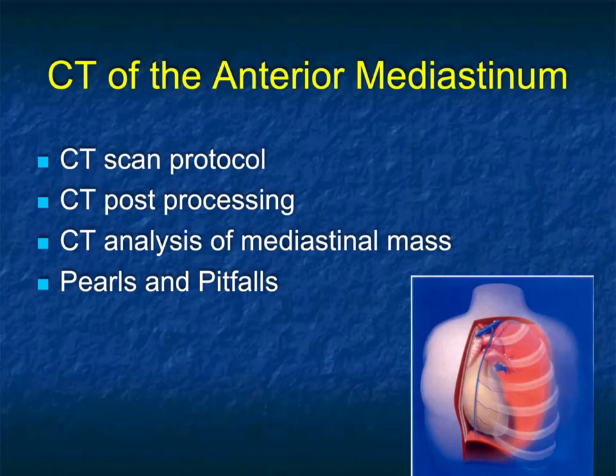Now, in terms of protocols, we'll just make the point that the best way to look at the mediastinum is with IV contrast material. Typically an injection rate of 3 to 4 cc's a second, a scan delay usually of about 30 seconds, is going to work out very nicely. We'll use thin section CT. Most of the time, a single phase acquisition works perfectly.